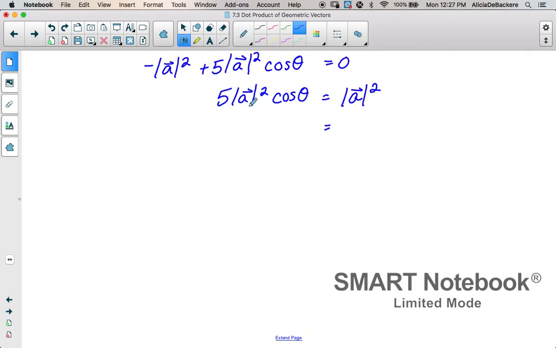So we've got this whole coefficient here. I'll divide it over to the other side. Okay. I know that I can divide this out, even though I'm dividing by a variable here. I know that I can because in the question they told me that A was a non-zero vector. So I know that the magnitude of A is not 0.